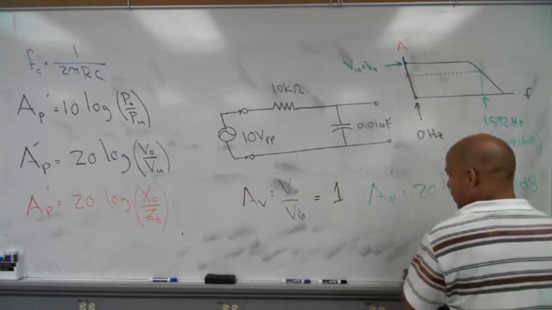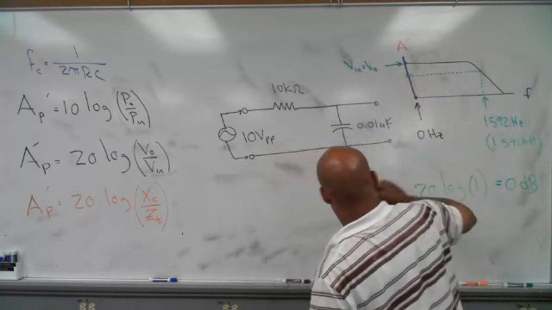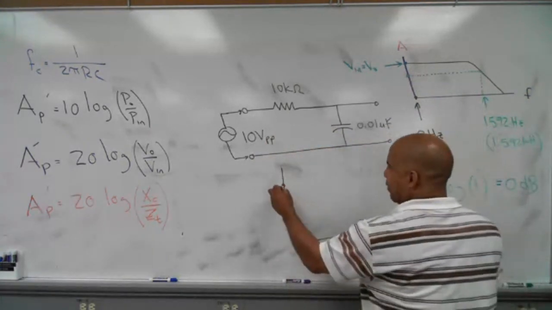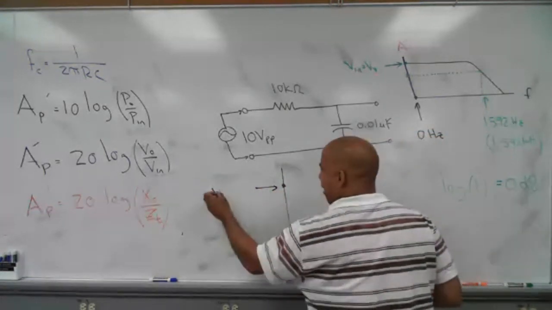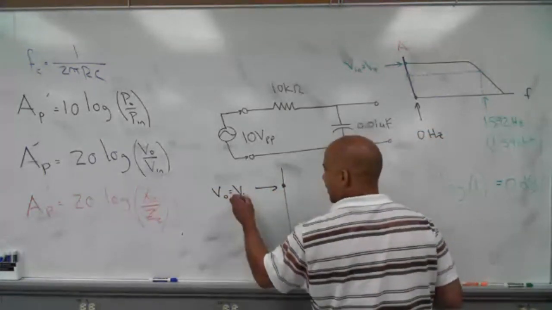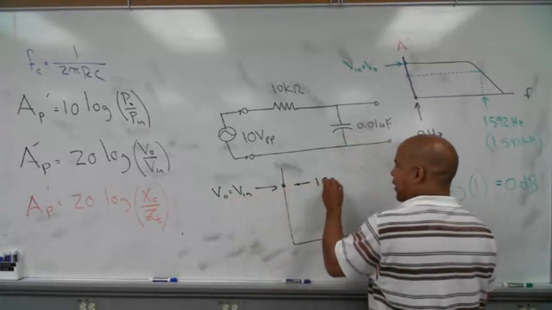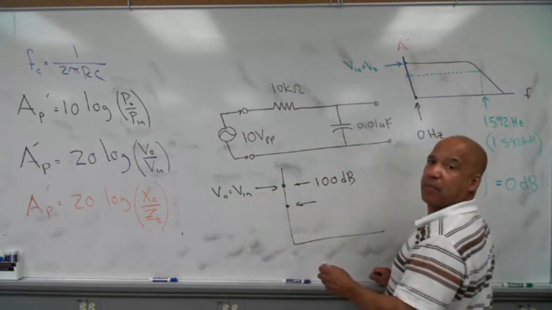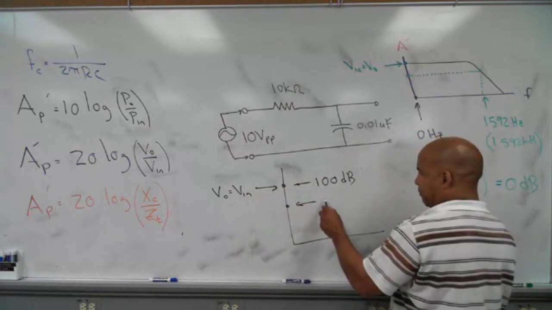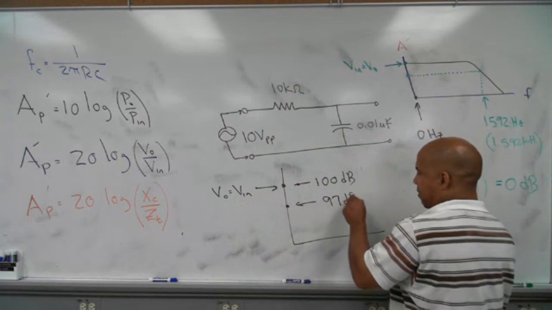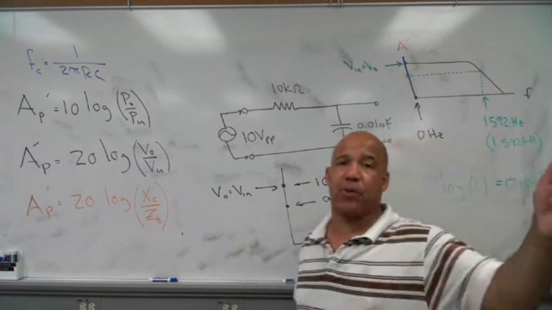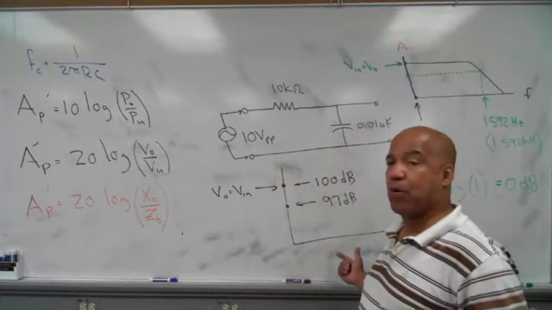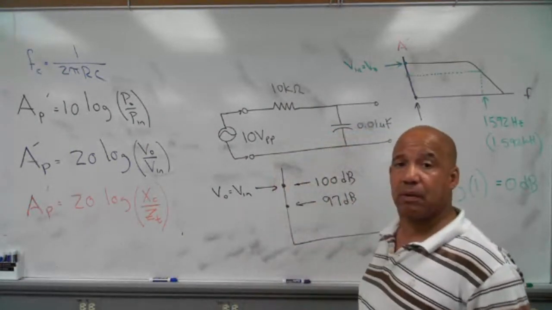So if I have a graph and I tell you that the point where V out is equal to V in is 100 dB, the 0.707 point right here is always 3 dB down. It would be 97 dB. Remember I said that for every 3 dB, you lose half the power? Well, it works right here. If I go down 3 dB, my power is decreased by half at that frequency.